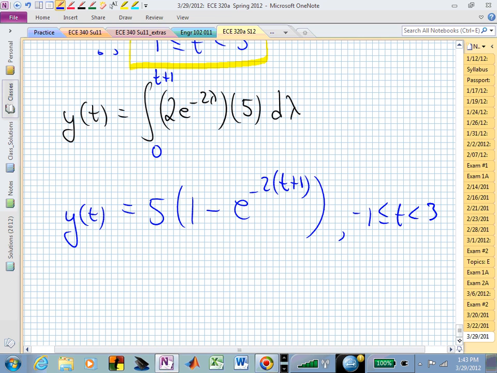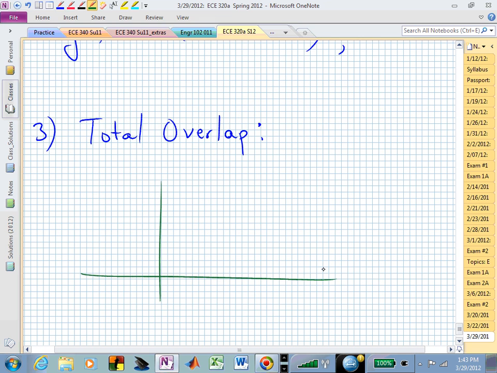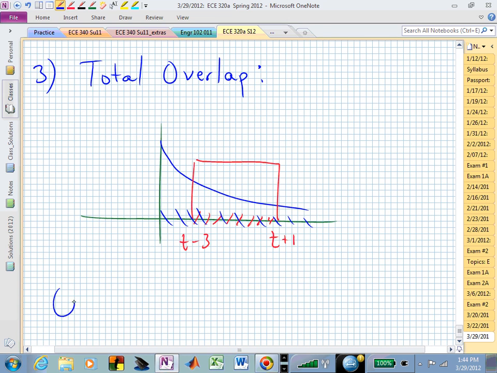Now what happens? Now we have one more overlap pattern, which I will call the total overlap. Pictorially, this now occurs for what?